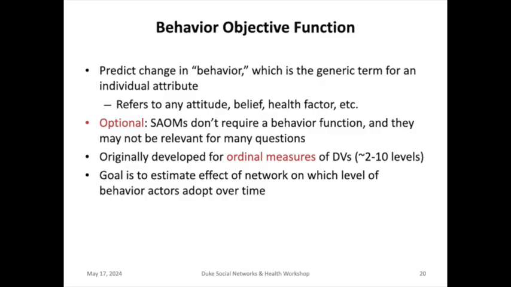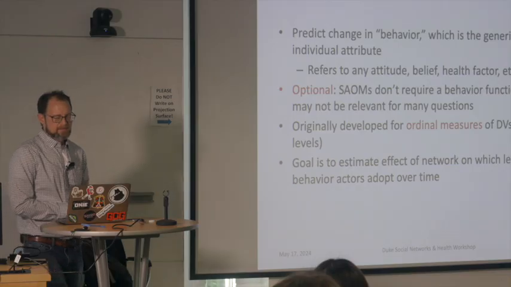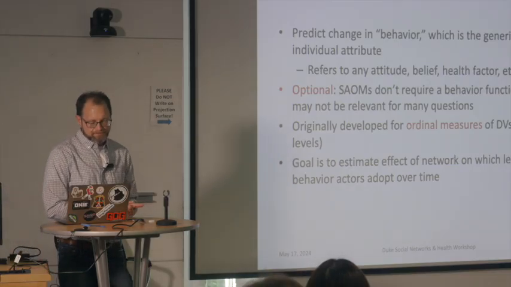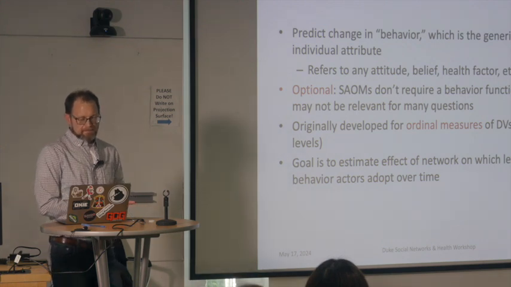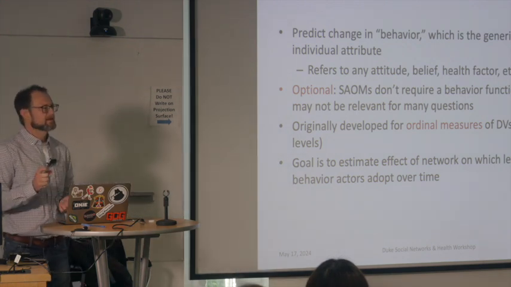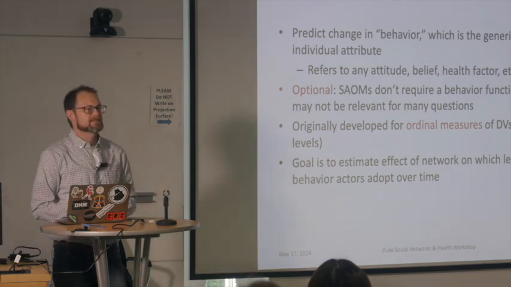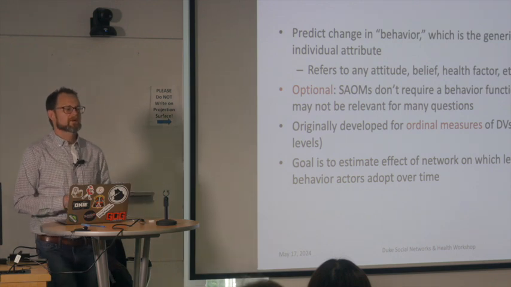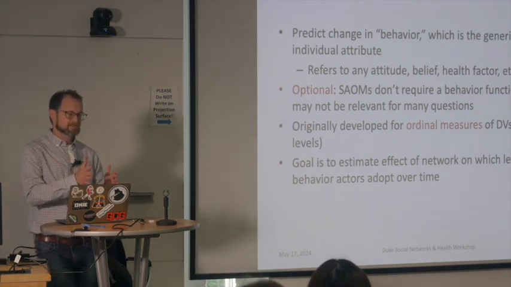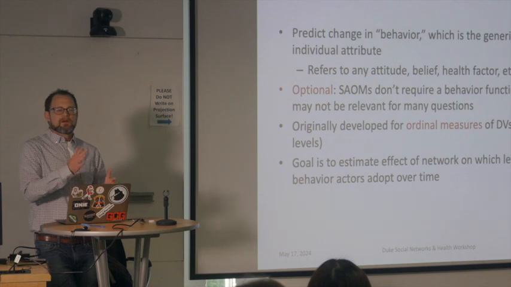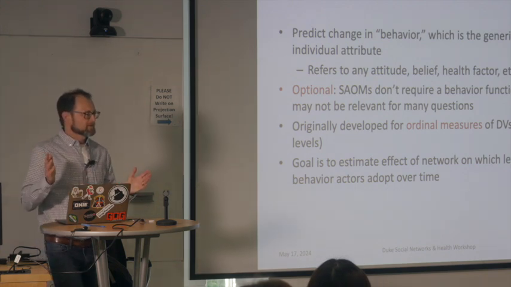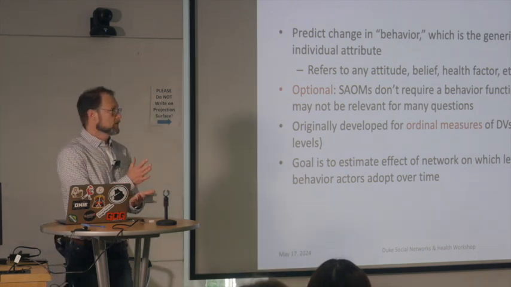With the behavior, the behavior function is in some ways simpler. It's like a multinomial logistic model. One of the unique things about SIENA models is they're designed where network behaviors themselves are these discrete values. So take whatever behavior variable you're used to working with and turn it into something that's ordinal.